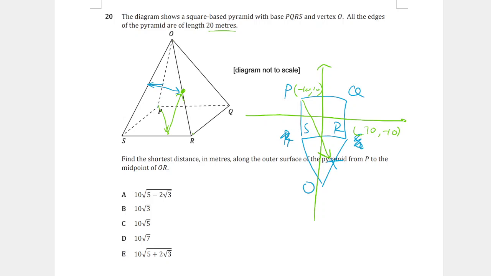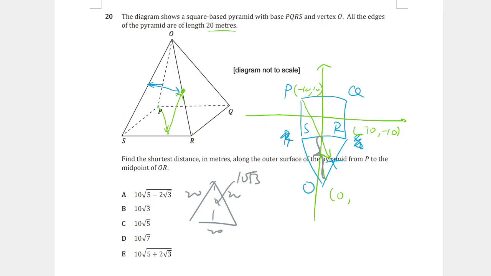So what are the coordinates of O? O is definitely 0, something, but what is the something? We're going to figure out the height of the triangle. We know it's an equilateral triangle with side length 20, so you could do Pythagoras: this guy must be 10 root 3.